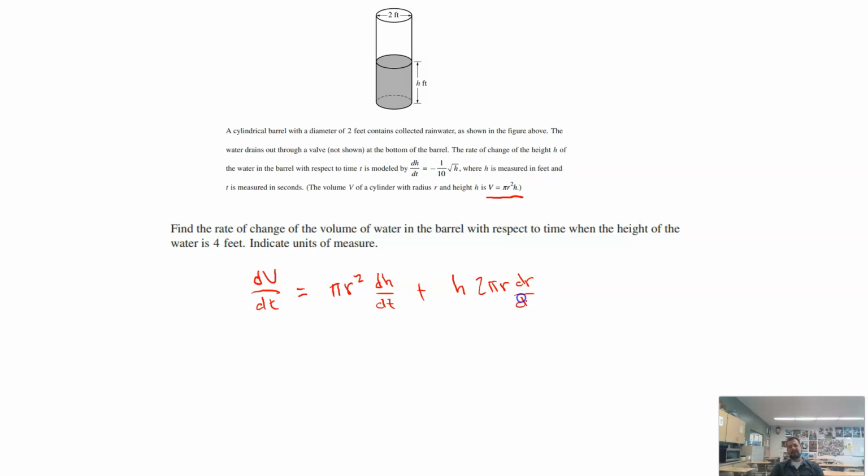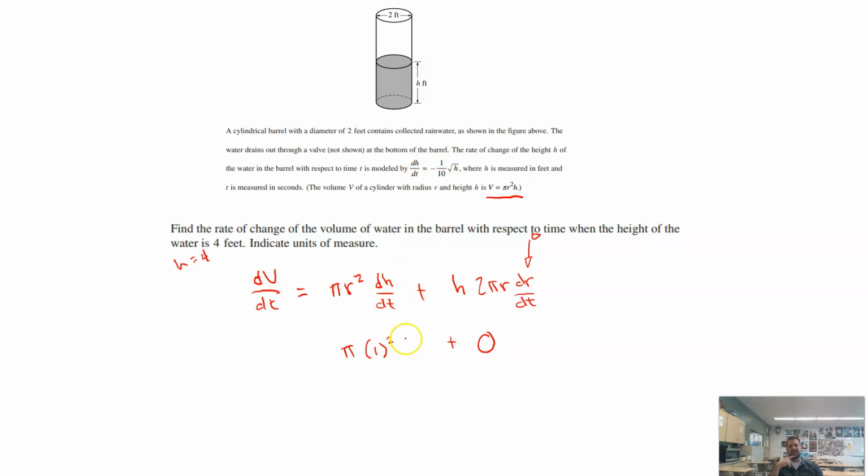Now, once we have our derivative, it wants to know what it is with respect to time when the height of the water is 4 feet, so h equals 4. What we have to realize in this problem is the radius of this circle is never changing, which means dr/dt is 0. So all of this stuff right here is 0. Then we have plus pi times the radius, which is always 1 since the diameter is 2, so I get 1 squared times dh/dt.